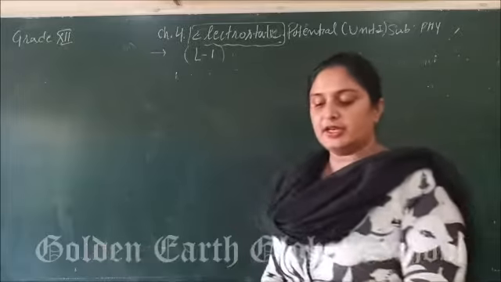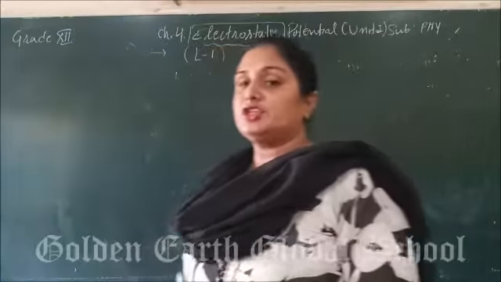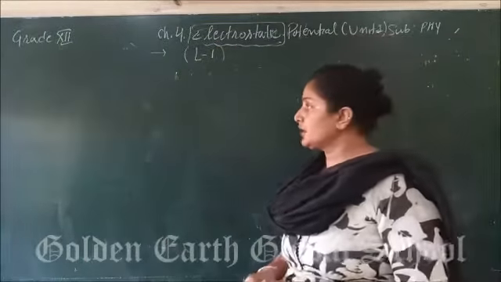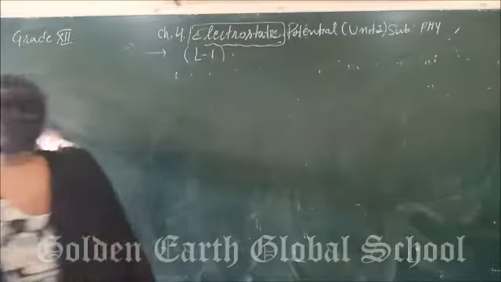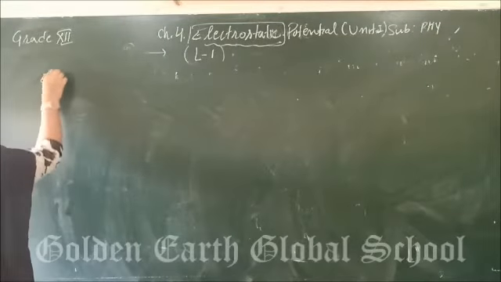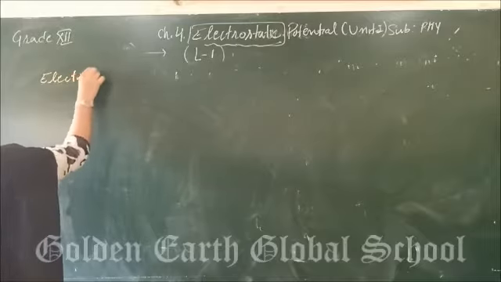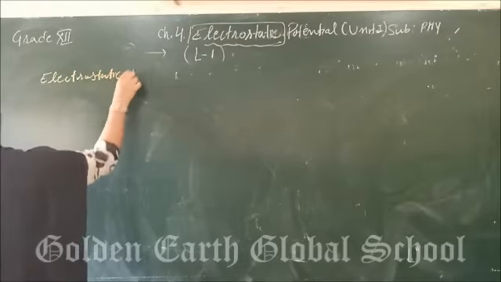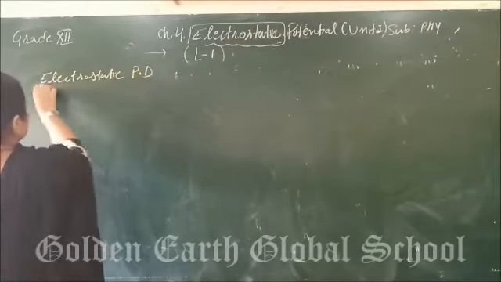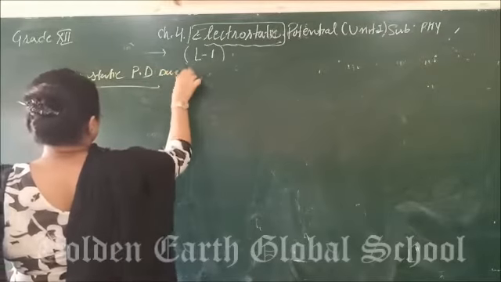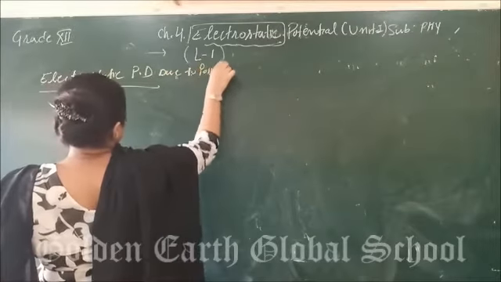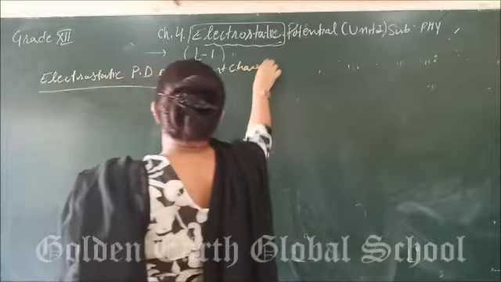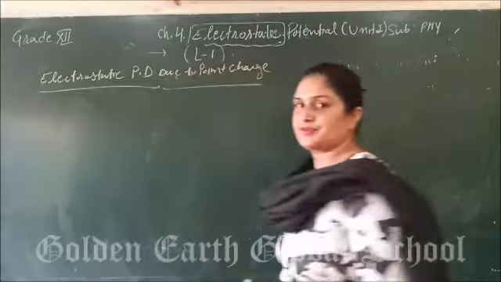Or you can say that it is the electrostatic potential difference and electrostatic potential due to point charge. Firstly, we are going to calculate electrostatic potential difference due to point charge. Or you can say the expression for the potential difference.